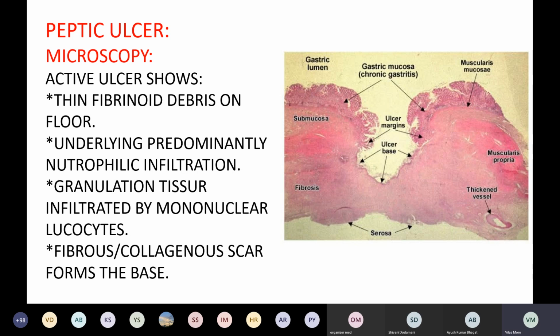Underlying, there is a predominantly neutrophilic infiltration into the lamina propria, and granulation tissue infiltrated by mononuclear leukocytes, that is monocytes and lymphocytes. At the base, there is fibrous and collagenous tissue.